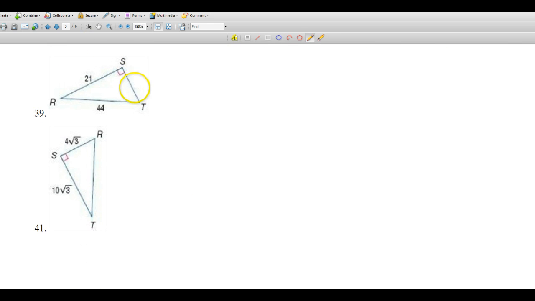For 39, angle T is here. We are given the side opposite from our angle, and we're also given the hypotenuse. From SOHCAHTOA, this would be SO, opposite over hypotenuse. So the sine of T is equal to 21 over 44.